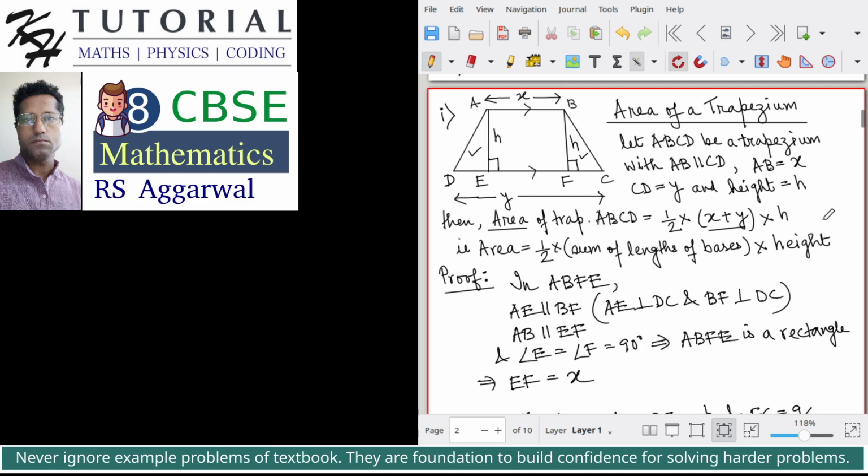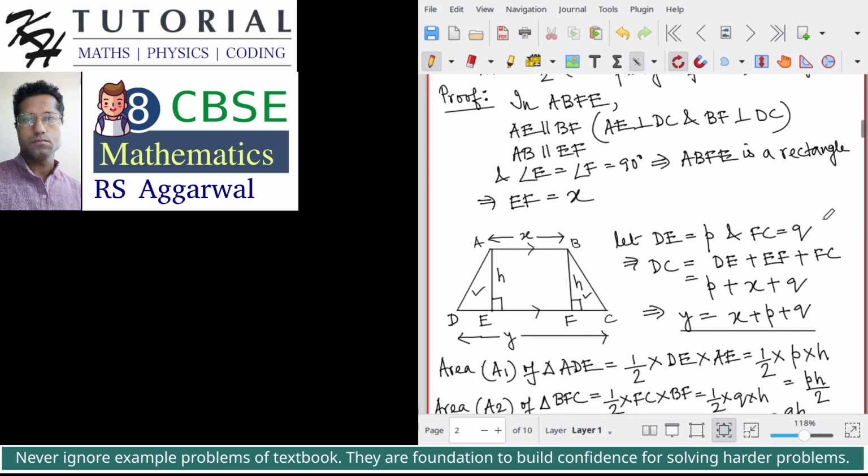Whatever be the shape of the trapezium, for any trapezium of any shape, it will have two unequal parallel sides, and we can find the altitude, that is the distance between the two parallel sides. If we know the length of the two bases and the altitude, we can easily find the area, which will be half into sum of the length of the bases multiplied by height.